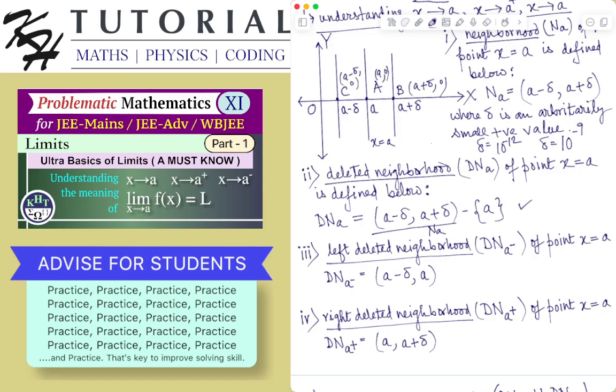So as you can see, the neighborhood of point x equals a is the set of all the values of x in this interval.